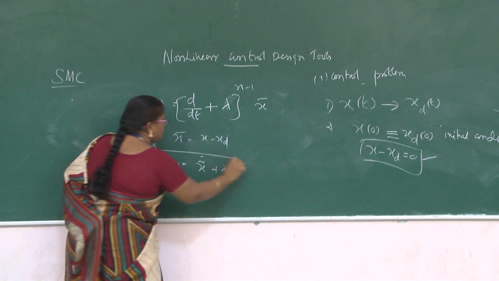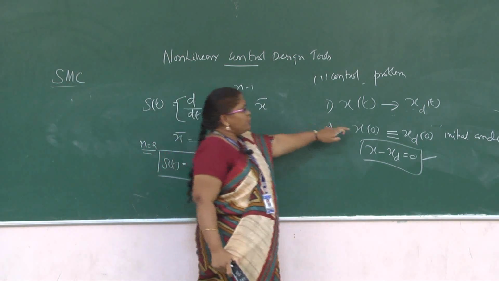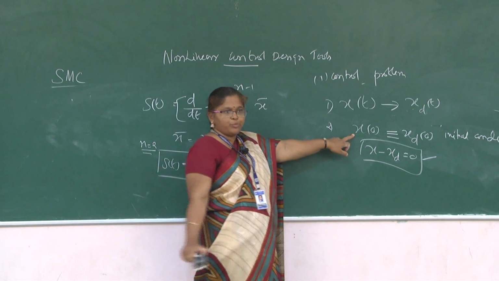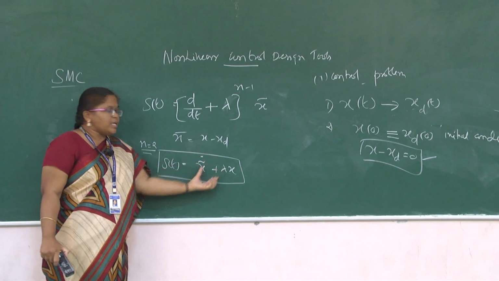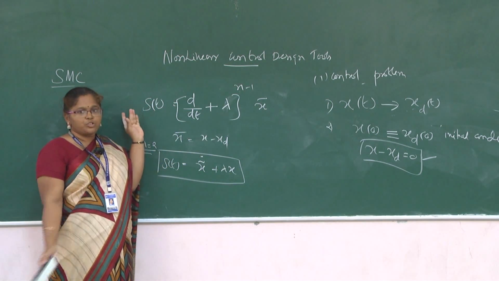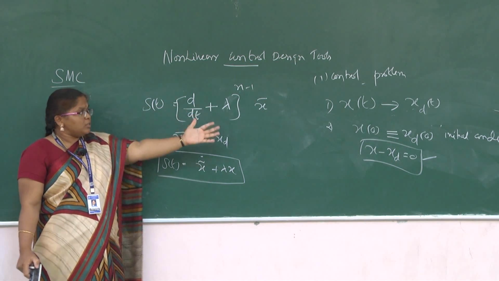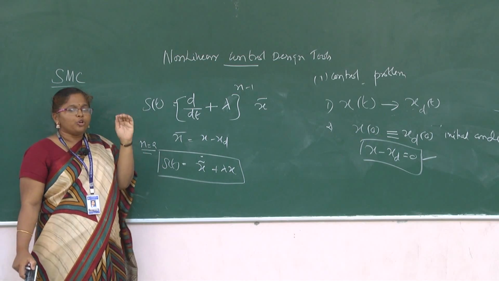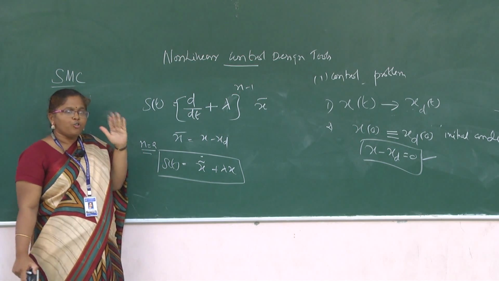Now if this tracking is to be achievable, if you allow the variable to stay on the surface, then our tracking problem is reduced. That is, we are tracking the output of interest to see whether it reaches the desired state. So how can we track that?